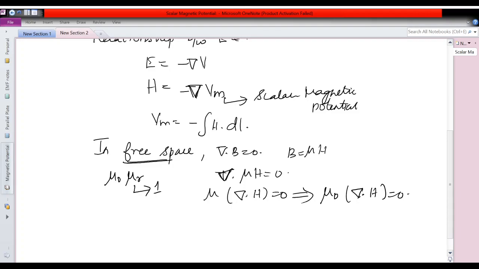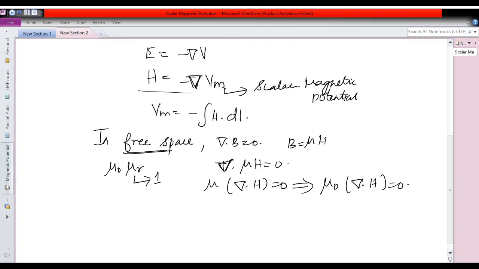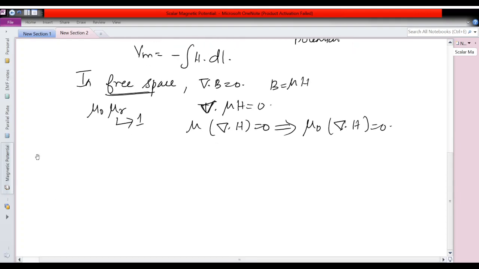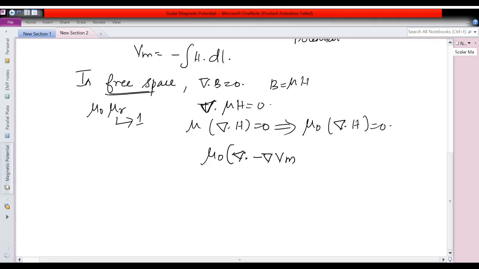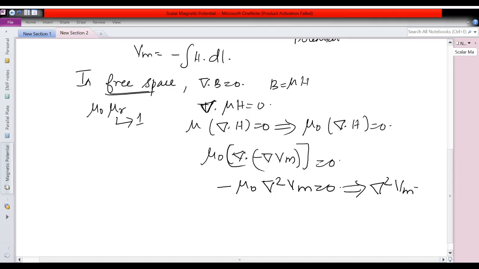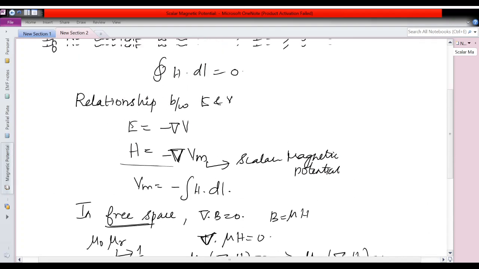And what is H from this equation? H is minus del Vm. So substitute it here: mu naught into del dot minus del Vm is equal to 0. So I can write this as minus mu naught into del square Vm is equal to 0. From this, we can infer del square Vm is equal to 0. So this satisfies your Laplace equation.